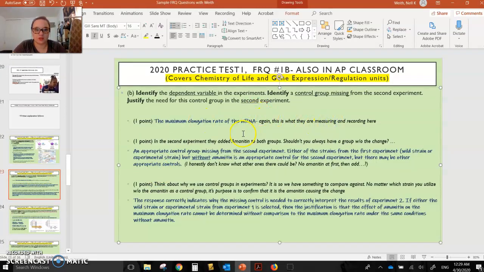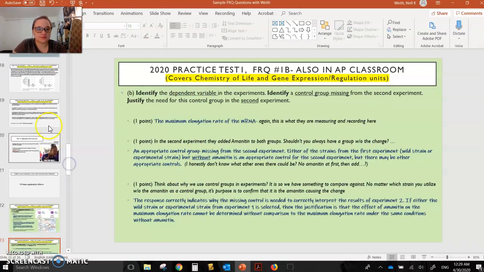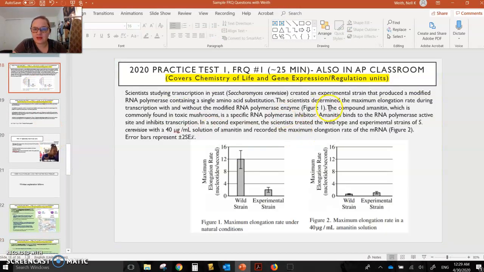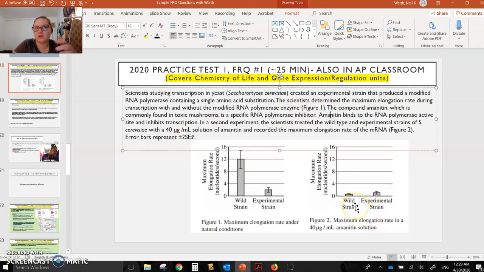What are they measuring? Identify a control group missing from the second experiment and justify the need for this control group. So looking back at the second experiment, they added amytin. Well, they added it to both of them. How do you know it's the amytin that did that? How do we not know those wild strain are dead for some other reason, right?